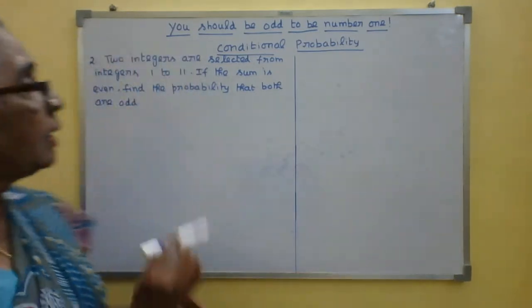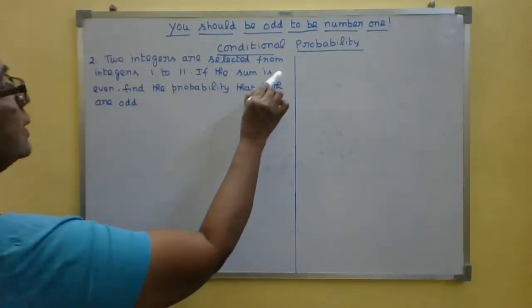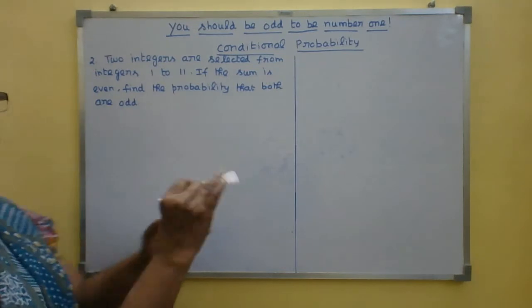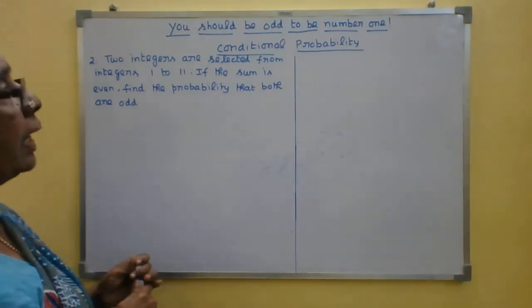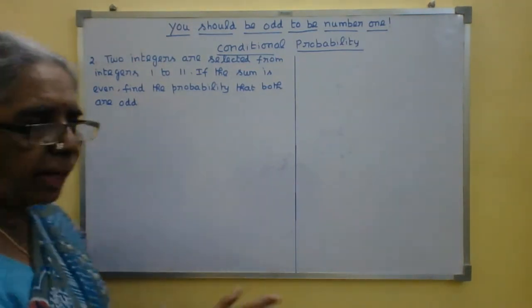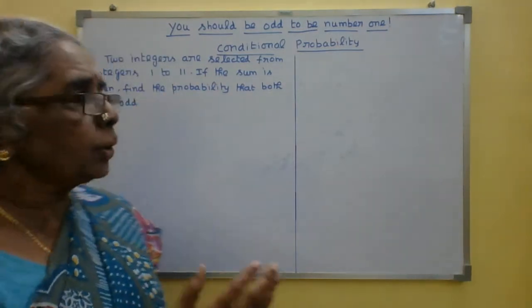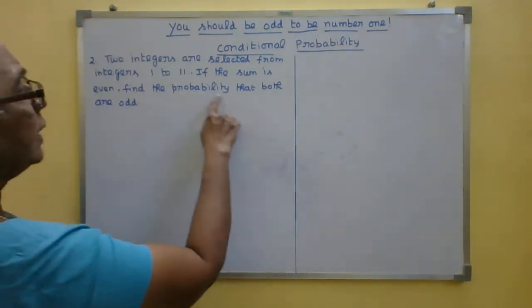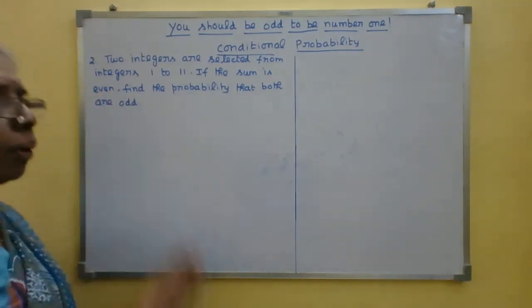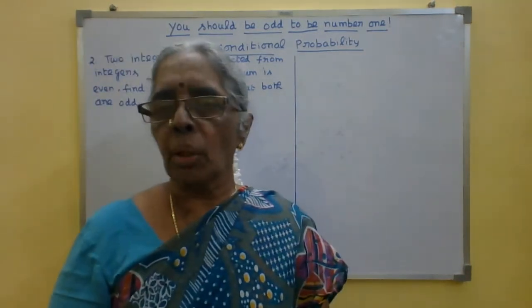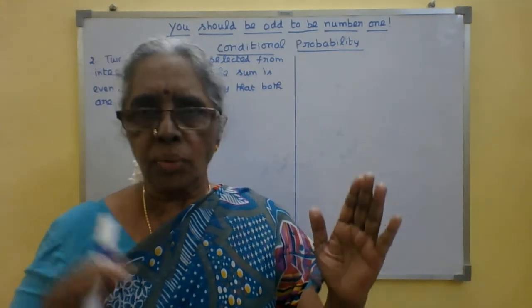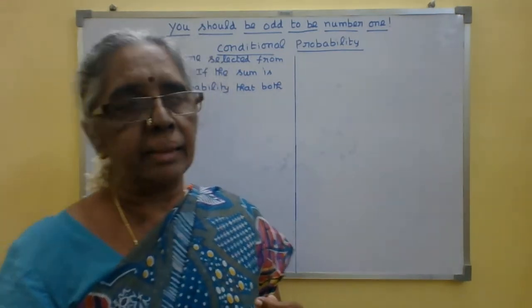Now, here it is given, if the sum is even, that is when you add the two integers you select, that sum is even, that is your F, because that is given to you. What you want to find out? You want to find the probability that both are odd. You want both the numbers to be odd, that is your E. So this is what you have to first understand in the sum.